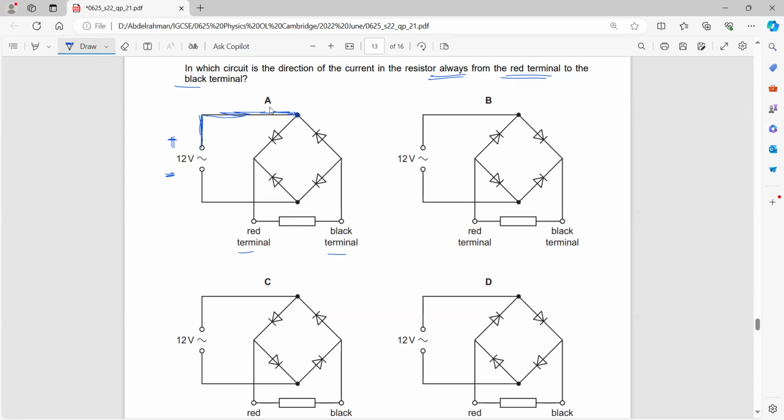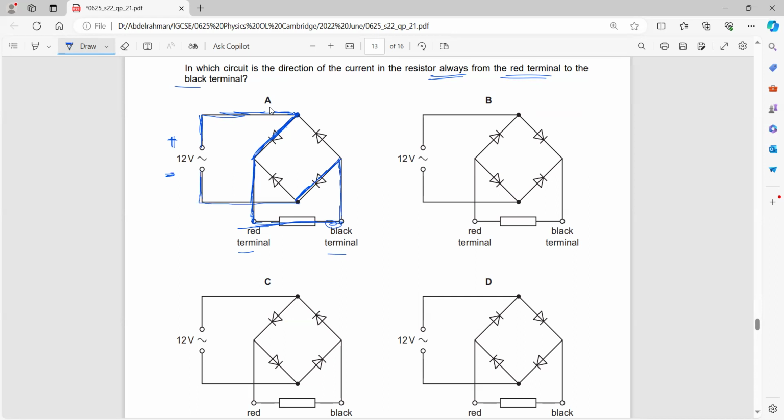At this point, it cannot go to the right, it has to go to the left. Then it cannot go to the right, it has to go downwards. Then it passes from the red to the black, moving upwards and back to the negative terminal.